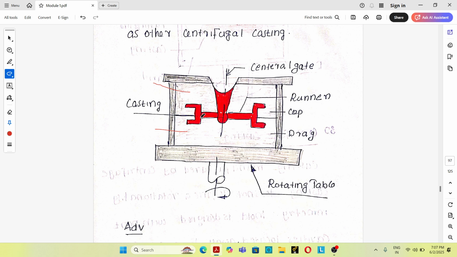See, the mold is designed with part cavities located away from the axis of rotation so that molten metal poured into the mold is distributed to these cavities by centrifugal force. There is a central sprue and a runner which supply the molten material into the cavity.